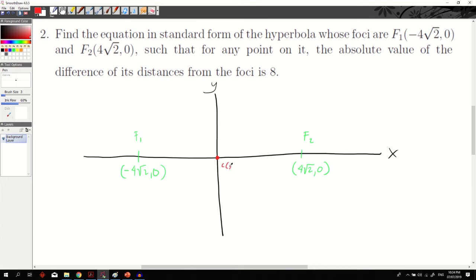That is just based on a keen eye, right? Just by examining, or call it eye testing, you can get the center is 0, 0.